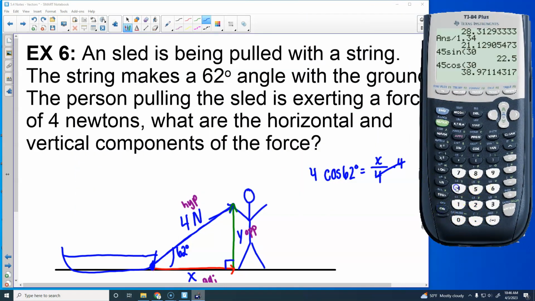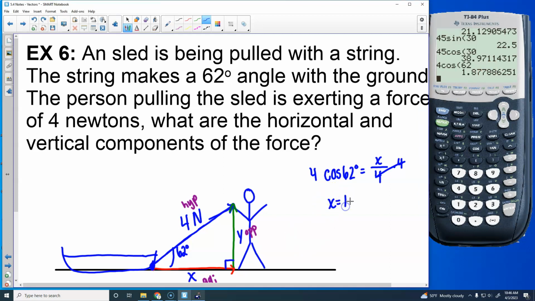And if we do 4 cosine of 62, we are going to get 1.879 or 1.878. So X is 1.878 newtons, and this is horizontal.